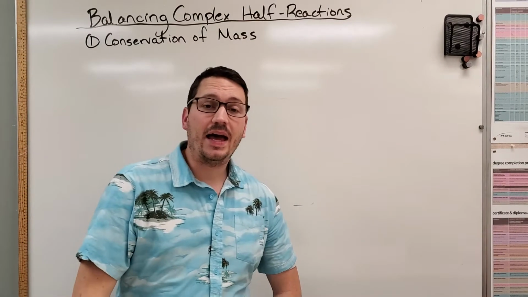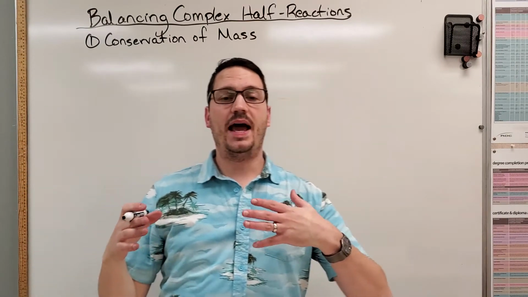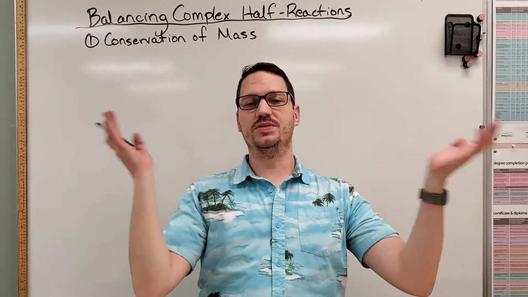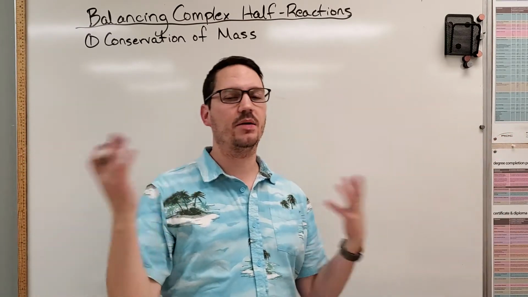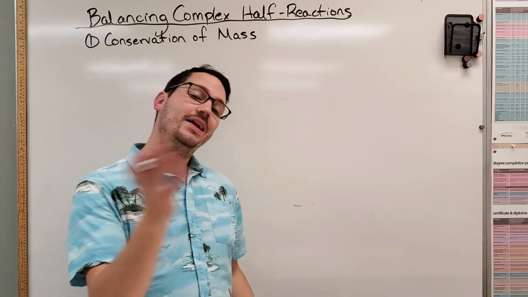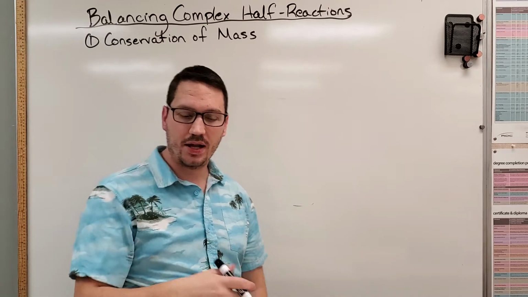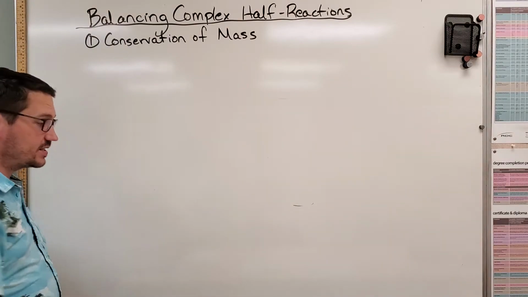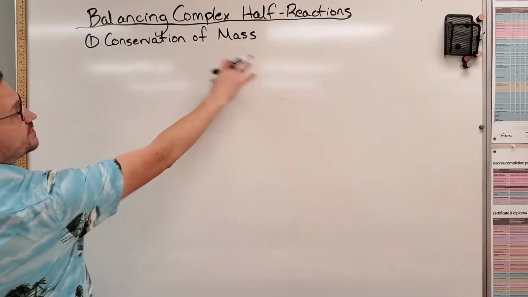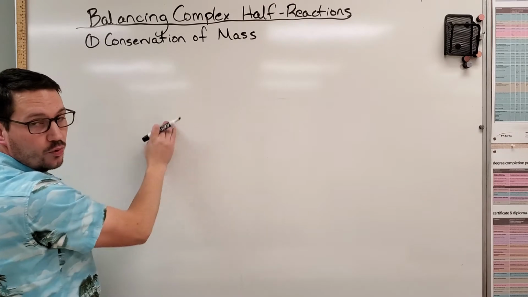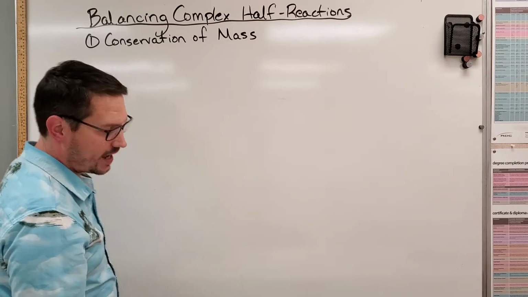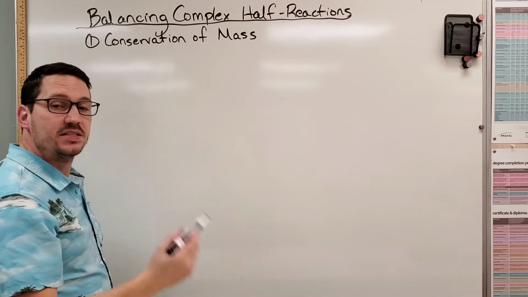Now, what I mean by that is you're going to have some elements, and maybe there are different numbers of elements on both sides. You have to make them equal to each other. I'm going to write an example down on the board, and hopefully you'll see what I mean. So our first example, leave a little bit of space up here because we're going to develop our rules as we go. I'm going to write the first half reaction down here.